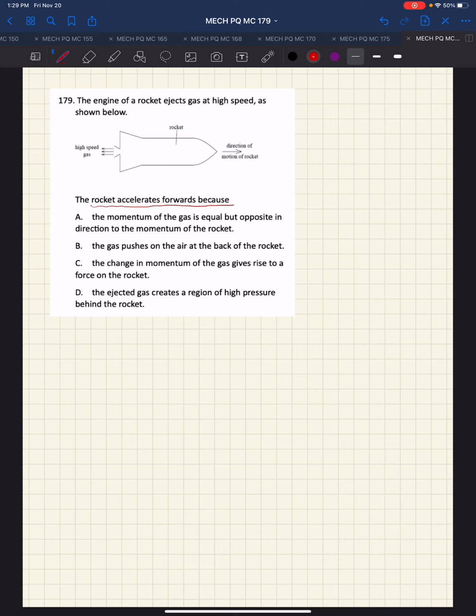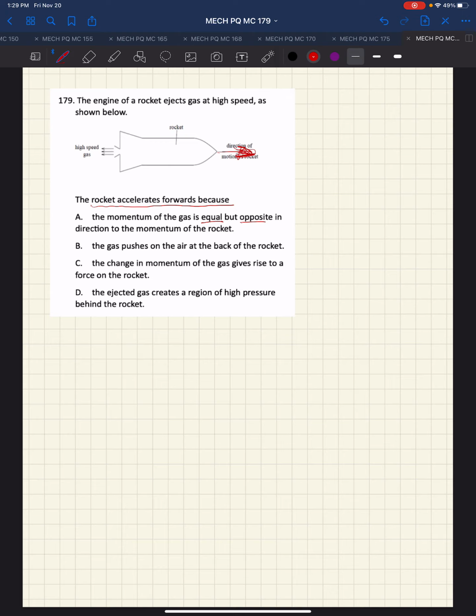So it doesn't look like the momentum of the gas is equal but opposite to the momentum of the rocket. So we've got equal and opposite. Well, yes, we would expect the rocket to move this way. And it actually says that the rocket is moving initially, so it's not at rest.